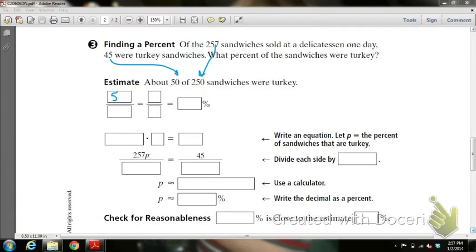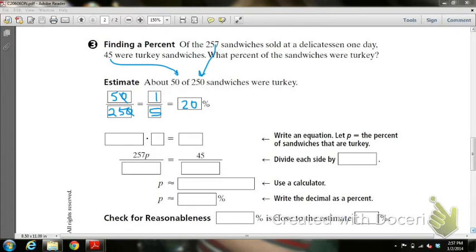So about 50 out of 250, again, let's cross off our zeros, so 5 over 25, which is 1/5, which is 0.2 or 20%. So I should be getting an answer close to 20.